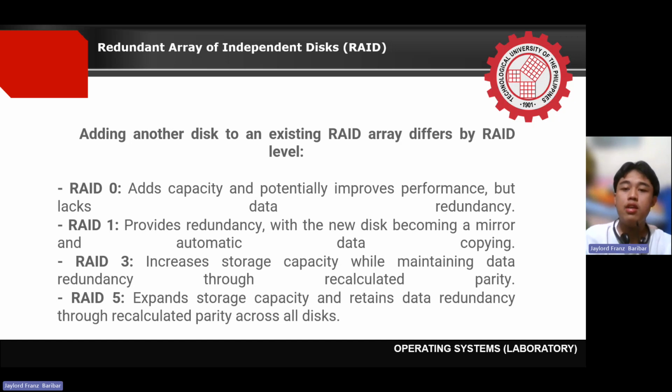Then for RAID 3, you are increasing your storage space while still keeping your data safe with some fancy math for parity, and ultimately for RAID 5, adding a disk means more room for your files, and the system still makes sure your data stays safe by spreading the backup love across all disks.